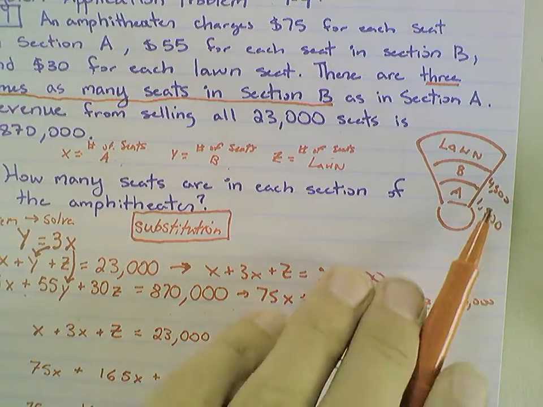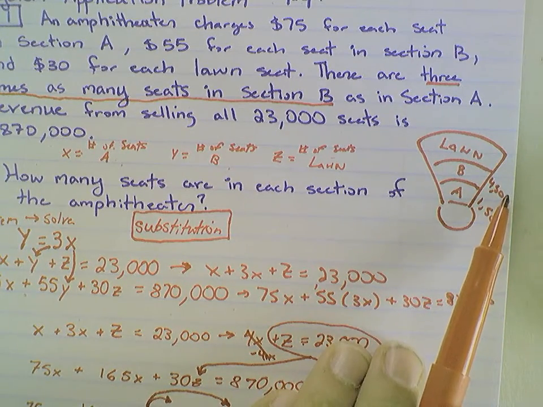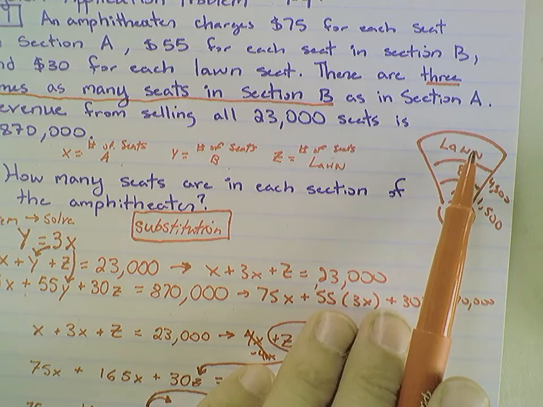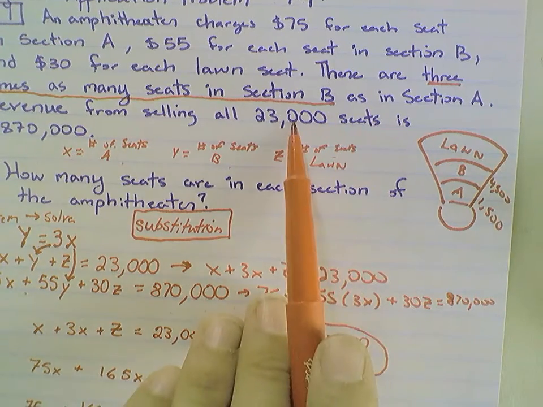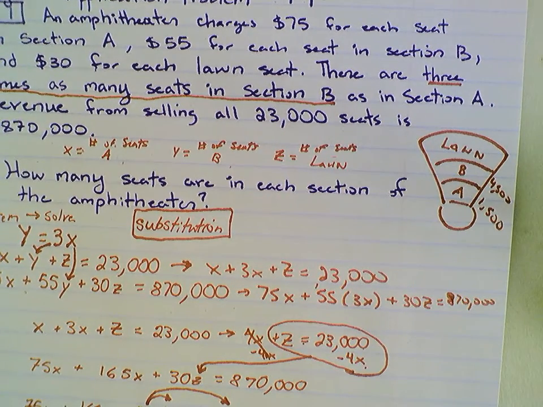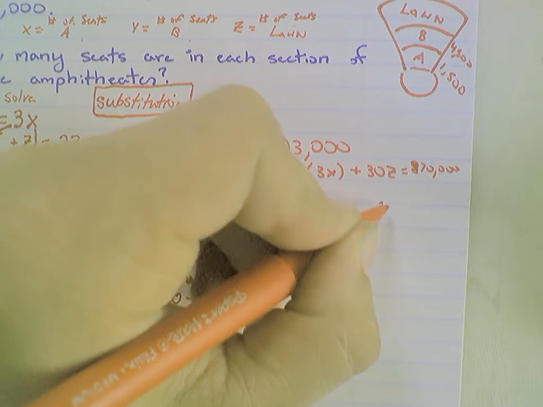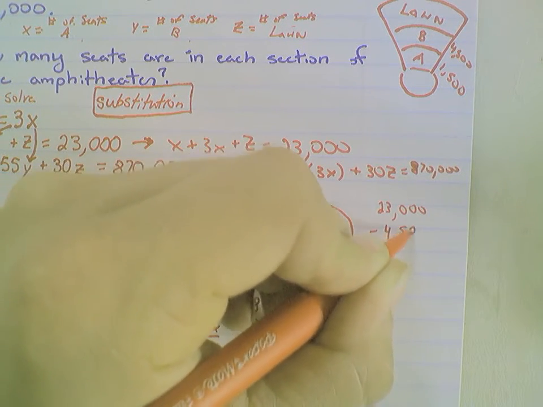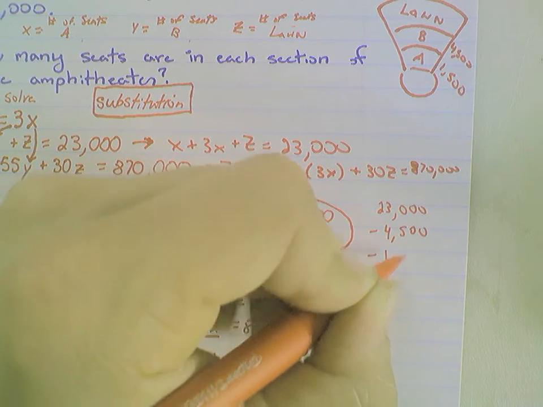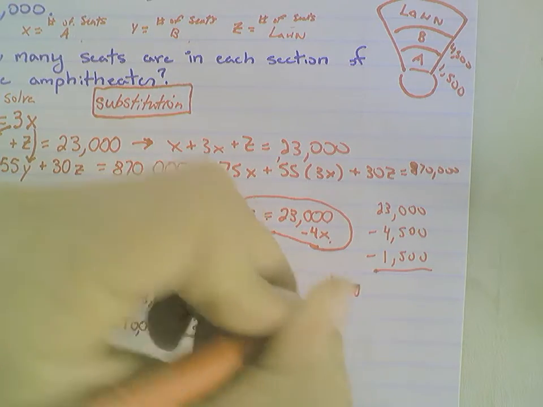So far I have the number of seats in section A, the number of seats in section B. I now want to find how many are left in the lawn. Well, I can subtract these two amounts from the total 23,000 seats. So lastly, I just want to take 23,000 seats minus 4,500 minus 1,500, and that'll tell me how many seats are in the lawn.